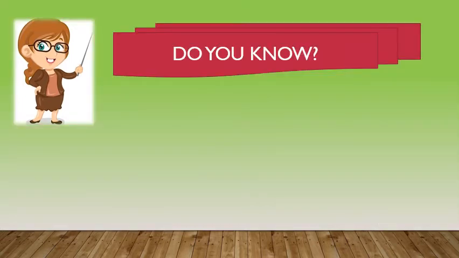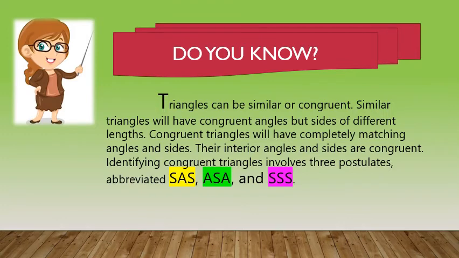Do you know? Triangles can be similar or congruent. Similar triangles will have congruent angles, but sides of different lengths. Take note of that. Congruent triangles will have completely matching angles and sides. Interior angles and sides are congruent.